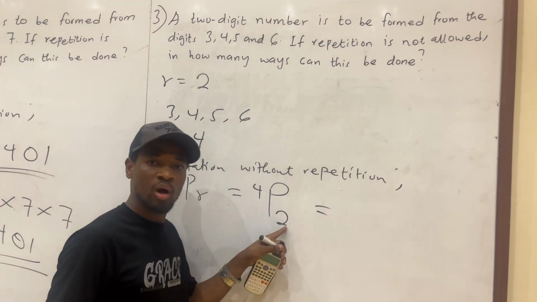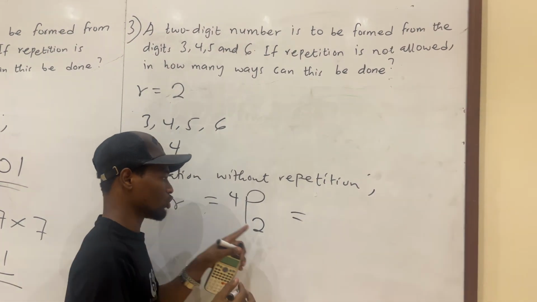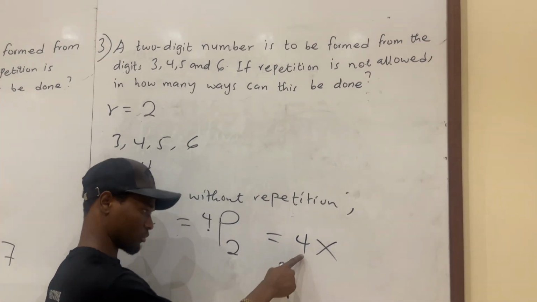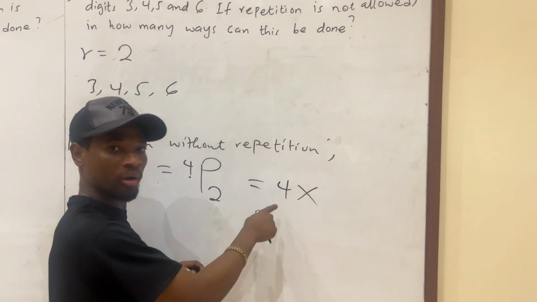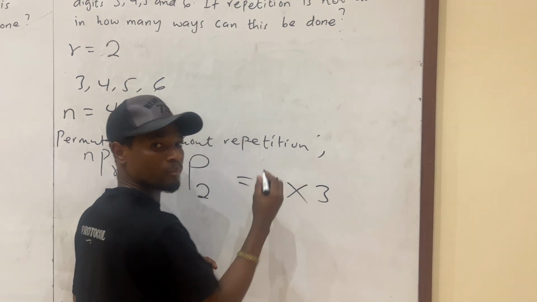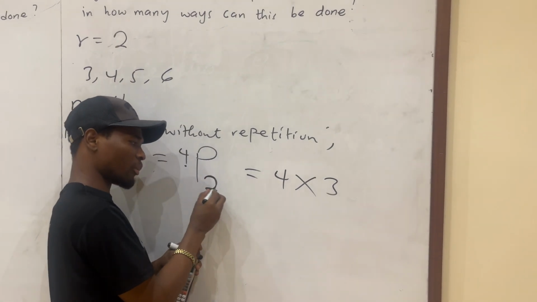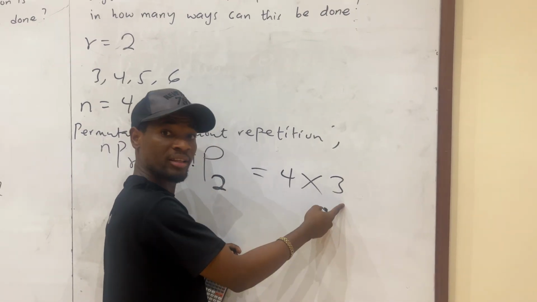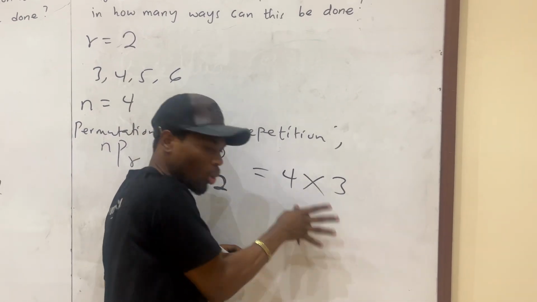So we are going to do the multiplication 2 times. I have here 4, then times, you reduce 4 by 1, so you get 3. Because we have r here which is equal to 2, that means you are going to multiply 2 items. 4, then 3, then you stop.